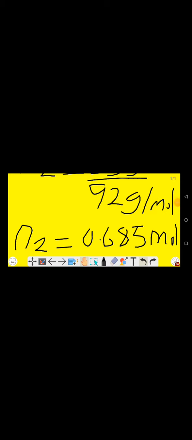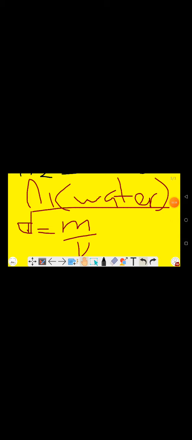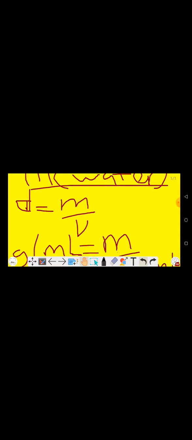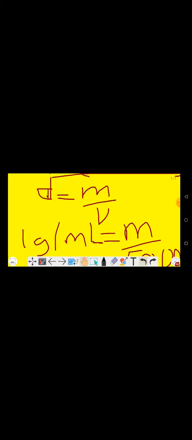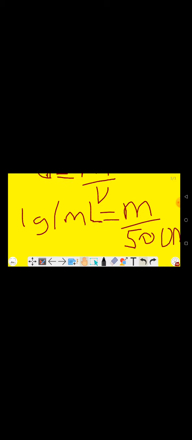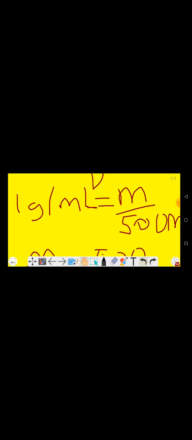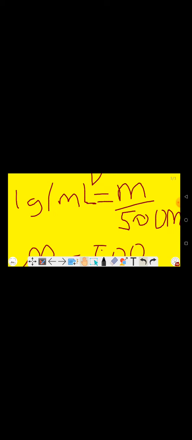So we continue now to calculating the number of moles of water. Density is equal to the mass over volume. The density of water we assume is 1 gram per milliliter. Then what is the mass? The mass is the one we are calculating.